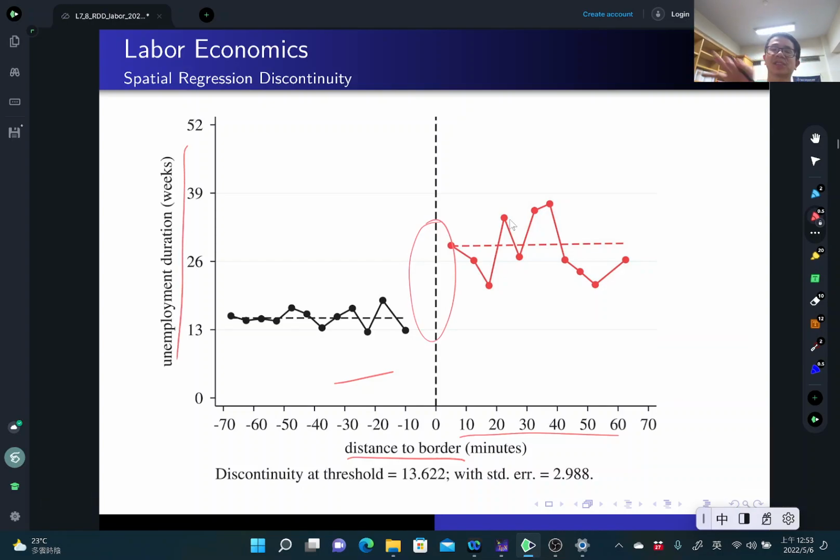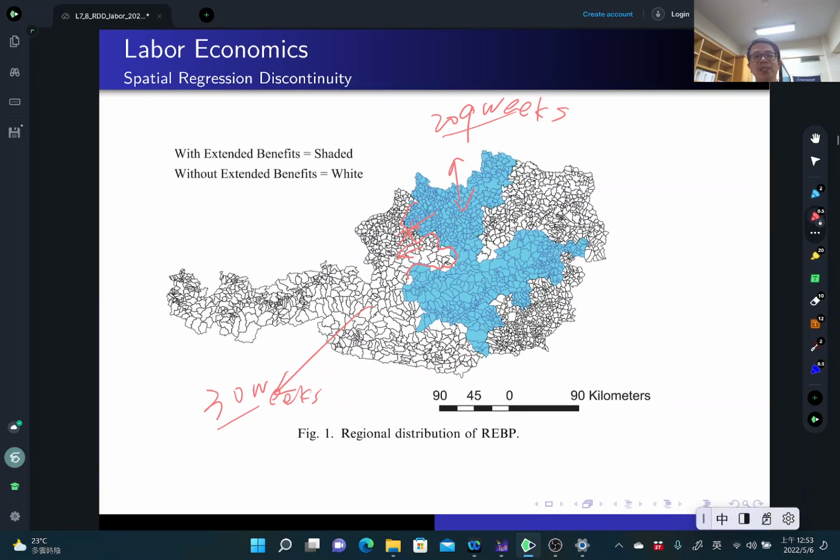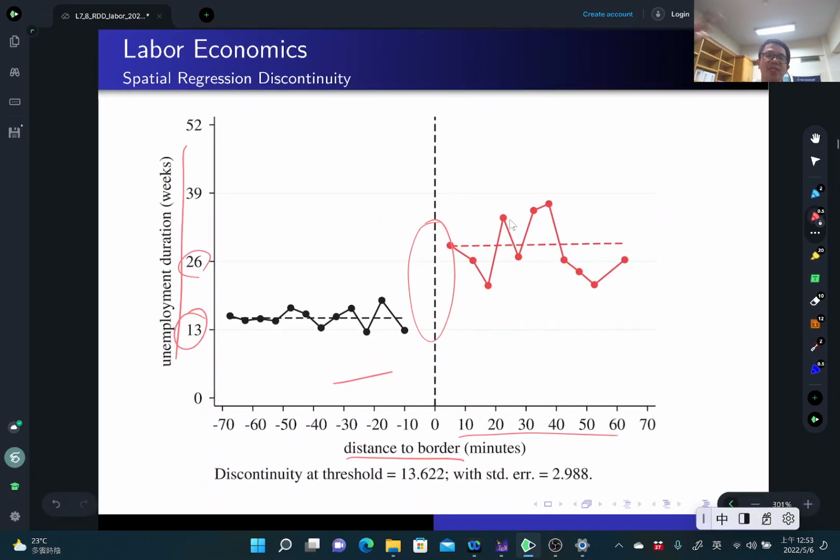For those who live in the blue area, their unemployment duration is 26 weeks, and if you live in the white area, it is 13 weeks. So there is a big difference of 13 weeks. This suggests extending the benefit to 200 weeks will increase the unemployment duration, but the effect is not very large.